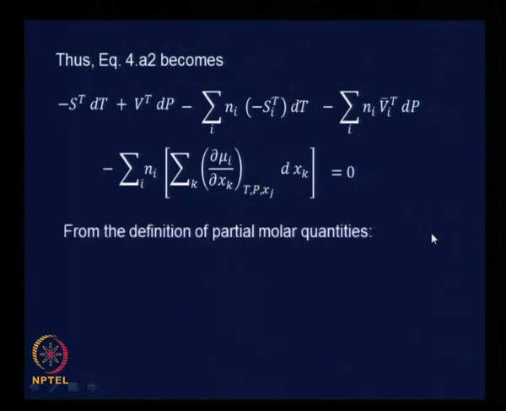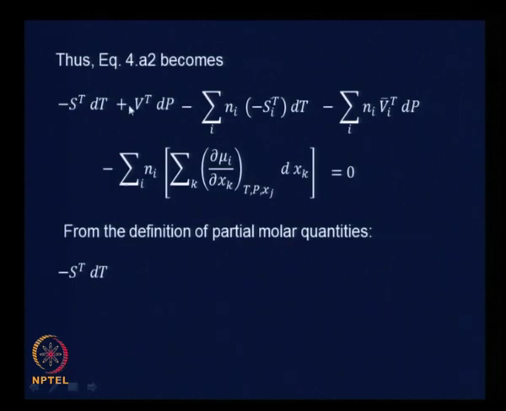From the definition of partial molar quantities, sum over Ni times minus Sit is nothing but minus the total entropy of the system itself. This minus St dt will remain here, plus Vt dp will remain here, and there is a minus here, so this becomes plus.